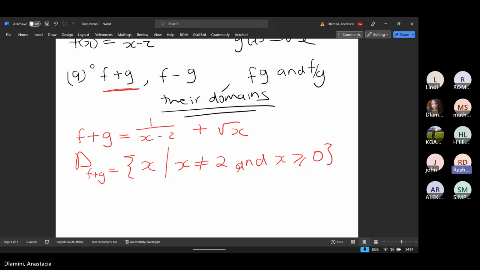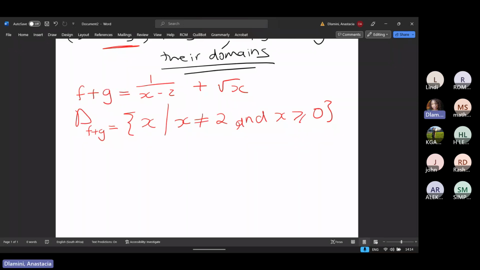I think it is union. Not sure. Remember what I said: if you have f plus g, then the domain of f plus g is the intersection. So that is, what did I say? Domain of f and domain of g.